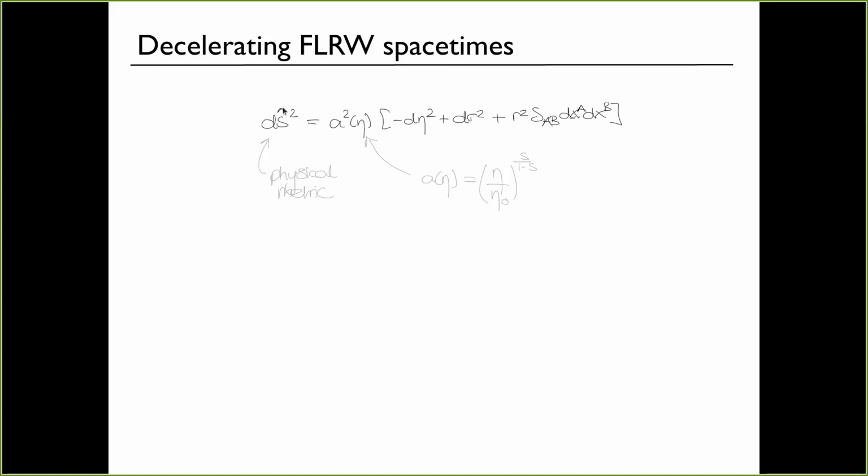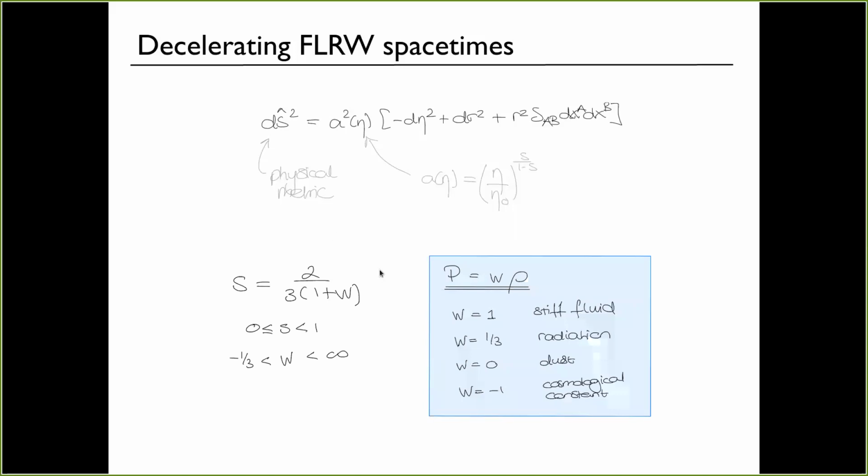As you know, you can write these as the flat metric times a scale factor squared, where this scale factor, in terms of conformal time, is given by eta to some power. I've written this power in this somewhat strange looking way with S, where S is directly related to your equation of state parameter, w.